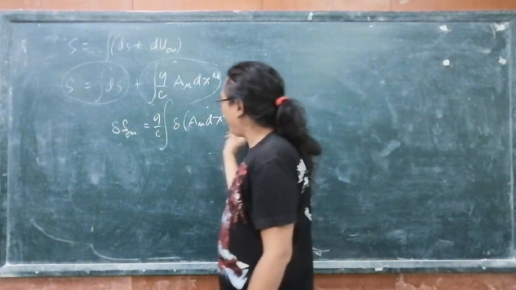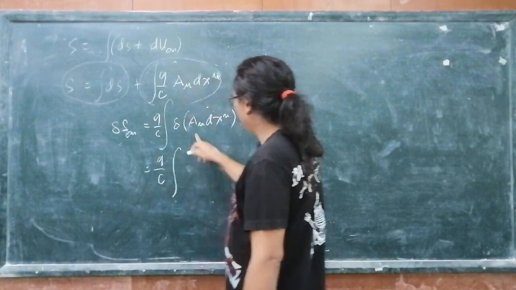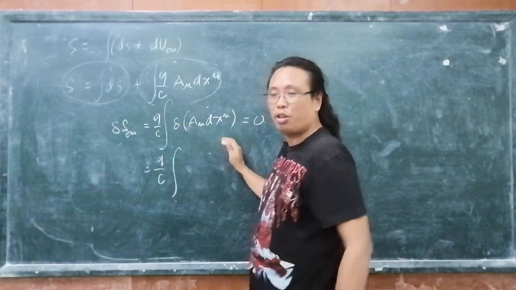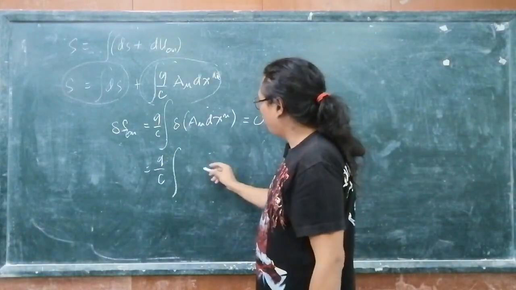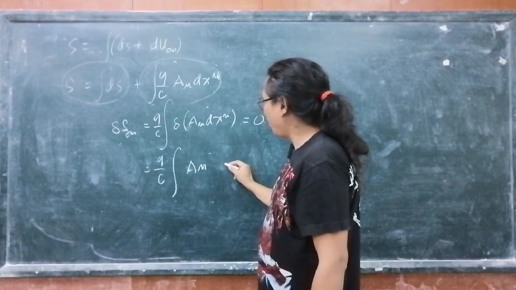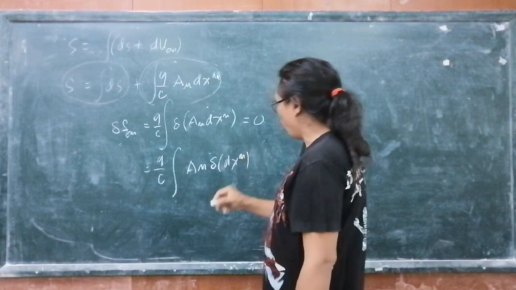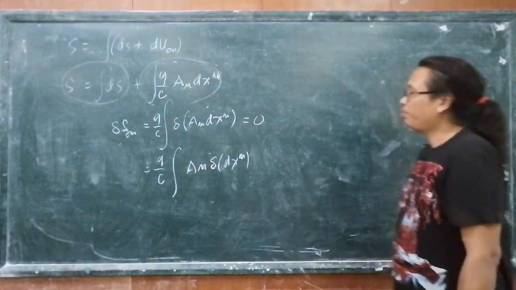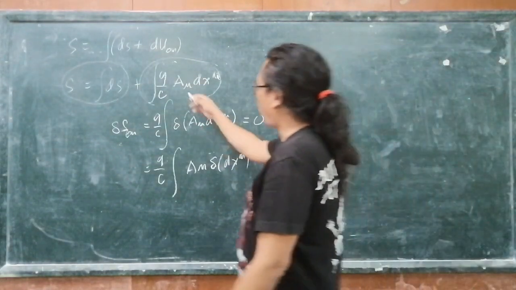Now, when we apply the variation here, what do we get? It acts like a derivative: first, the second, plus second, the first. So this is delta A_mu dx^mu. By the way, we take the covariant form.